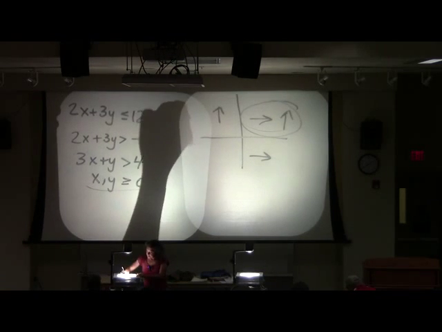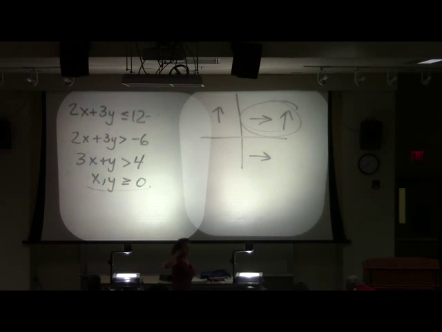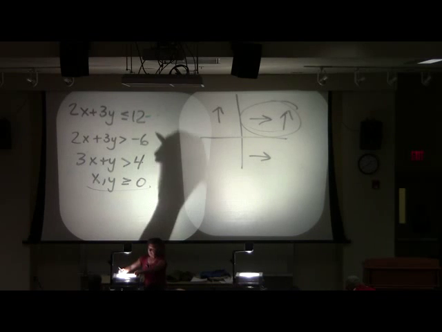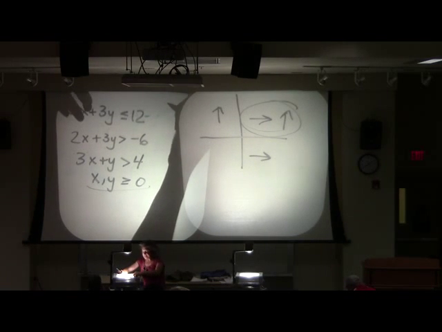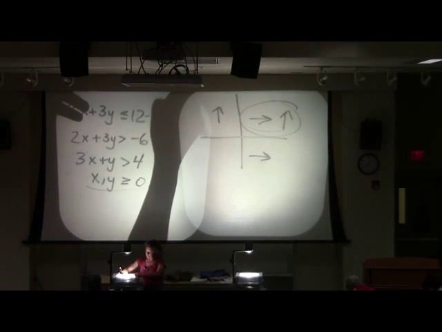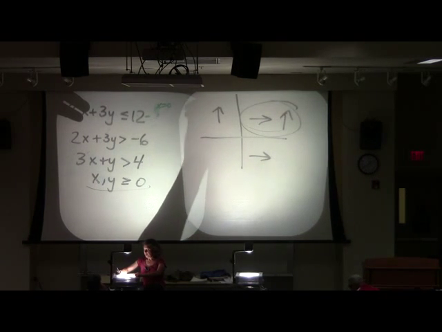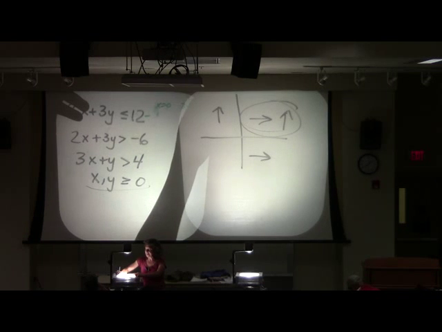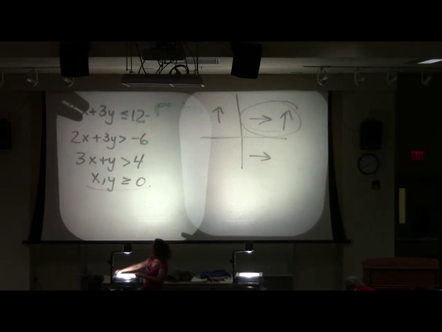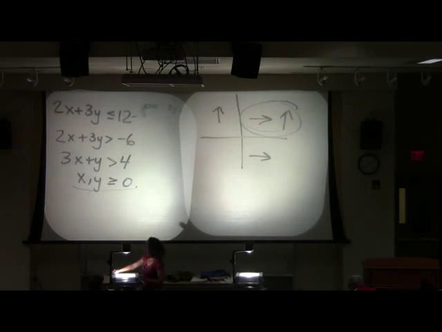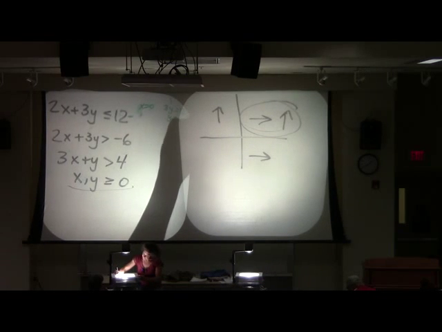Let's do this one in green. Ready? If I set x equal to 0, aren't I solving 3y equals 12? So what is y equal to? 4.